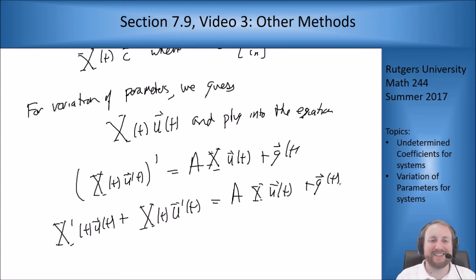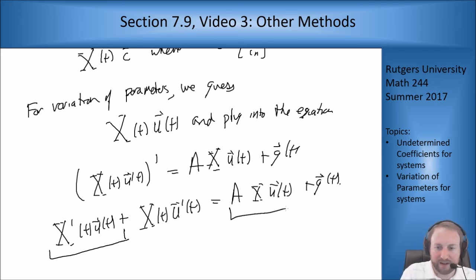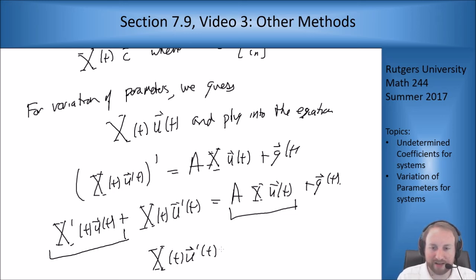Now, since X is a fundamental matrix, we know that it solves the same ODE. So X prime equals AX, which means this term and this term are going to cancel out. Because X is a fundamental matrix, each column solves the system, so the whole matrix solves the system as a whole. So that means these two make 0, which means I'm left to solve X of t u prime of t equals g of t.